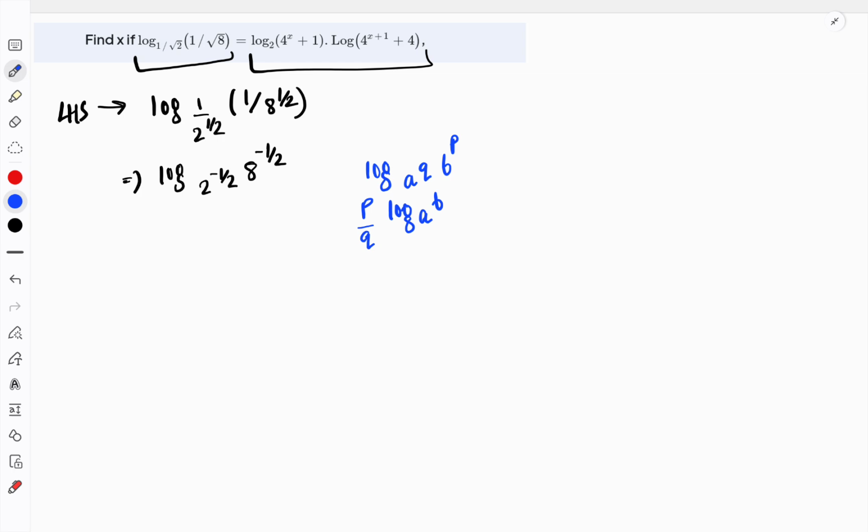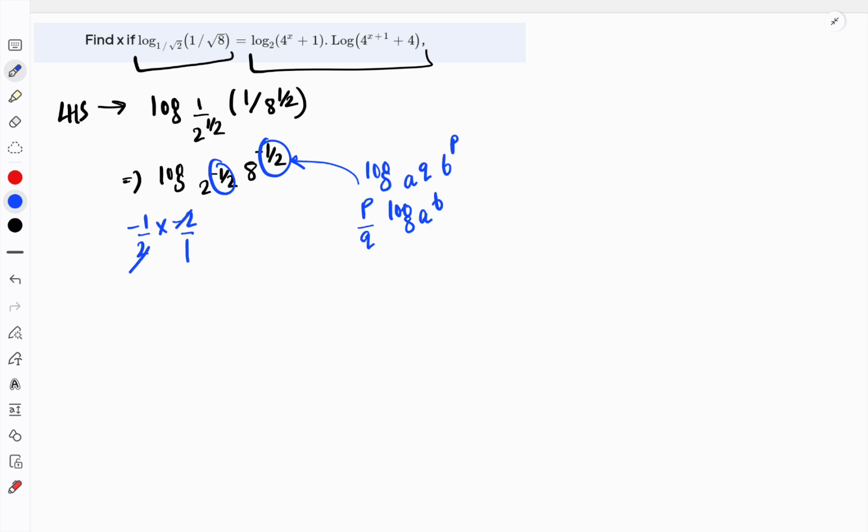And something similar we're going to apply over here. So when we see the powers, it becomes p upon q, so that will be minus 1 by 2 into the reciprocal, so that will be minus 2 by 1.